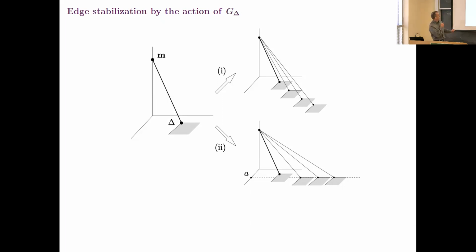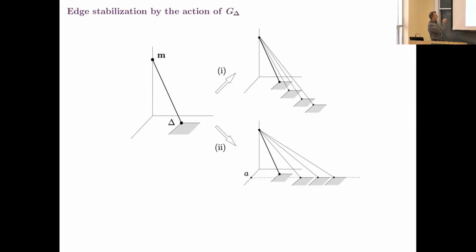First of all, I've drawn here this line M delta. This is the edge, let's say the rightmost edge of the main face, the edge which corresponds to the connection between M and M prime, where M prime is the main vertex of the derivative polygon, right? So now you have this edge, and the group which acts on the edge is the group which I call G delta. This group just corresponds to a sliding along the edge, right?